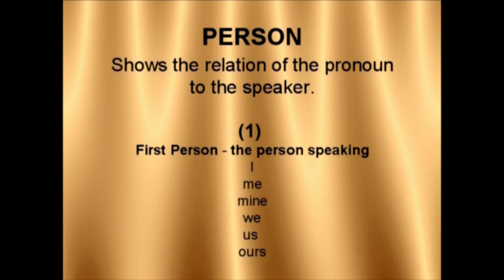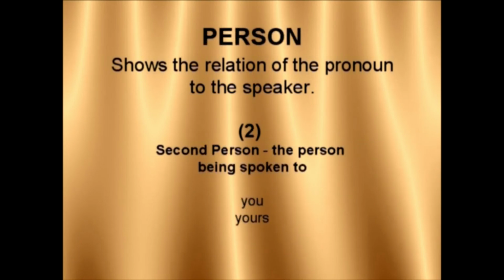The three persons of pronouns are first person, the person speaking. For example, I, me, mine, we, us, ours. Second person, the person being spoken to. For example, you, yours.